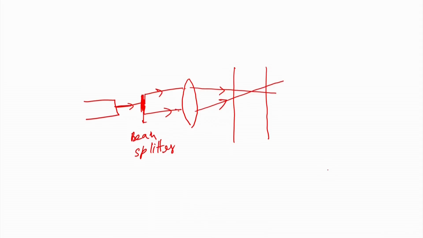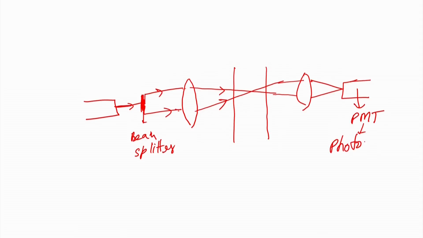Now, what you do, you measure this response by using a lens again, you measure this response on the receiver. Now, this receiver is nothing but a photomultiplier tube. So, this is called PMT, that is nothing but photomultiplier tube.